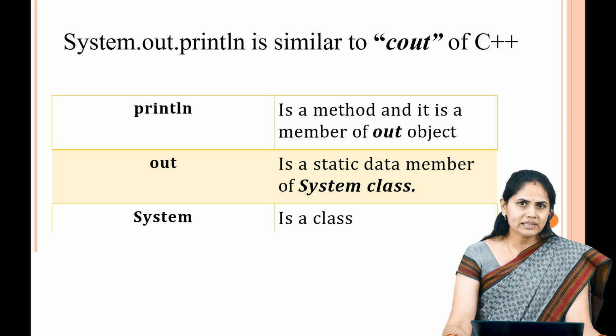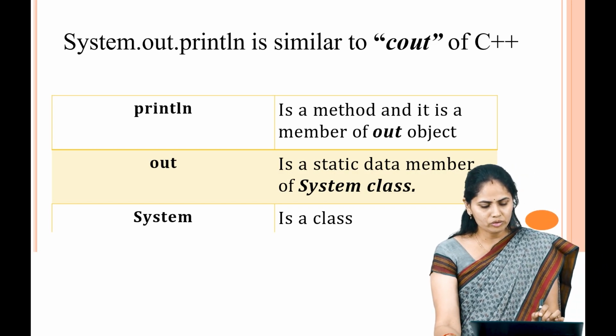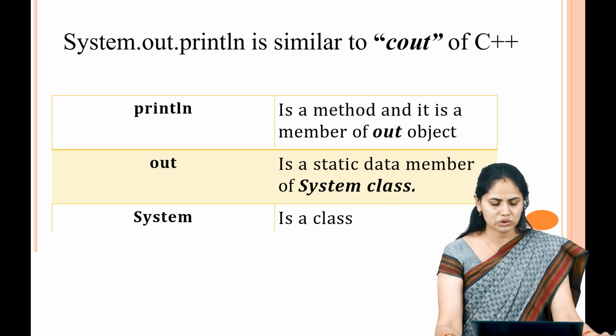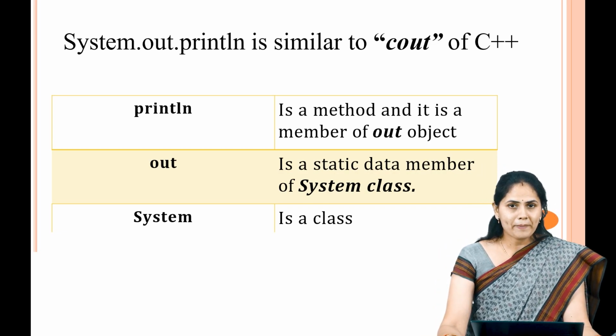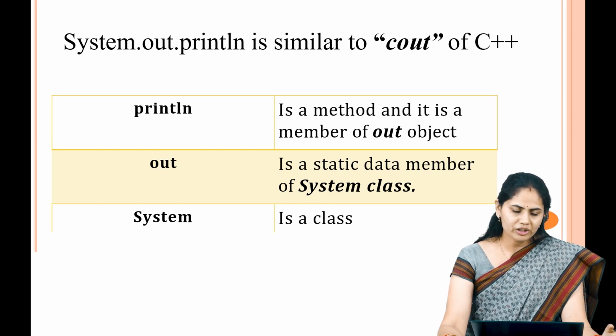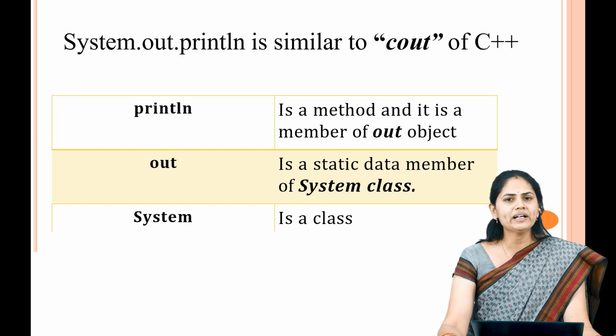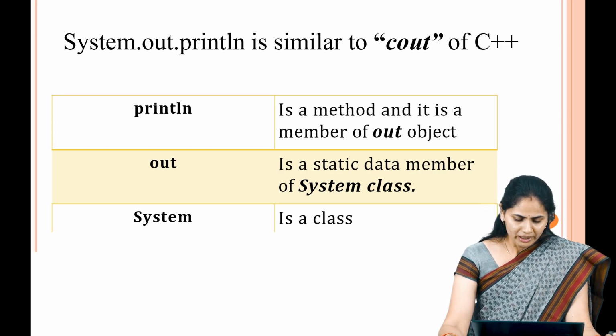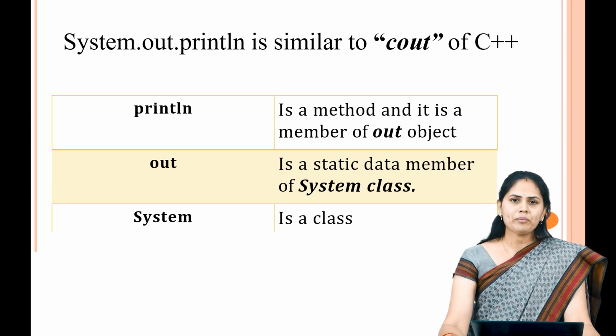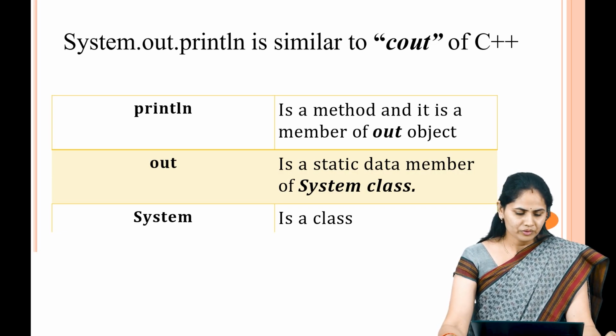So let us see what this System.out.println is. This println, you can call it println or you can simply write print also. Println is a method and it is a member of the out object. We can simply say that println is a function to print something on the screen. Out is a static data member of the System class.